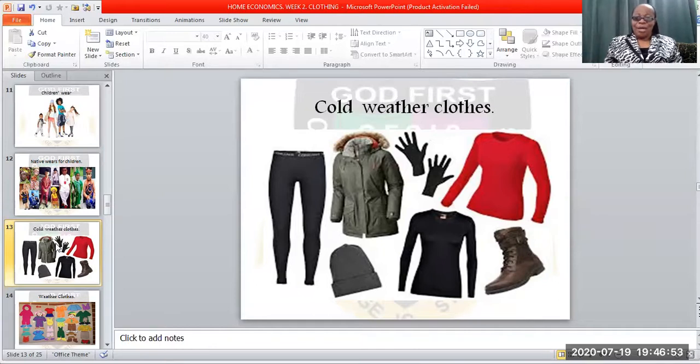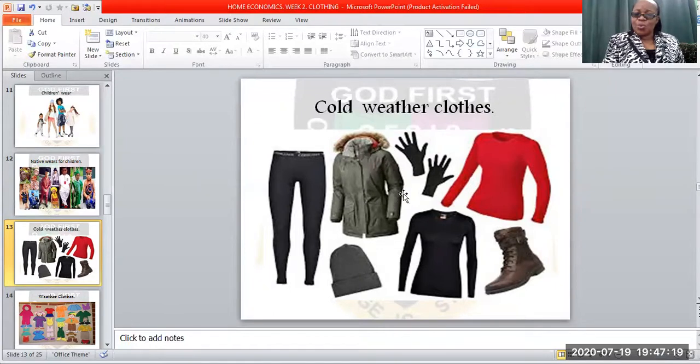When the weather is hot, we mean hot. And so, for us to wear clothes, we must wear clothes that accommodate the weather. For example, when the weather is cold, these are the selected clothes examples that must be used.